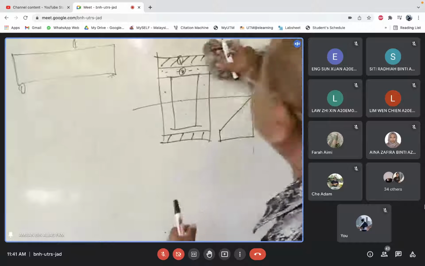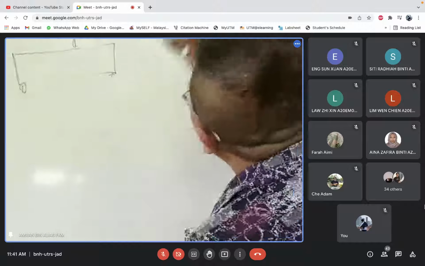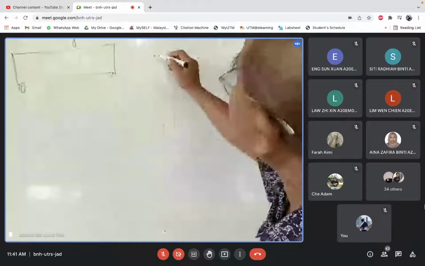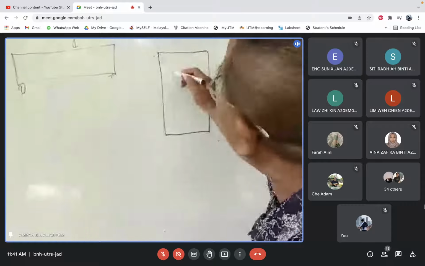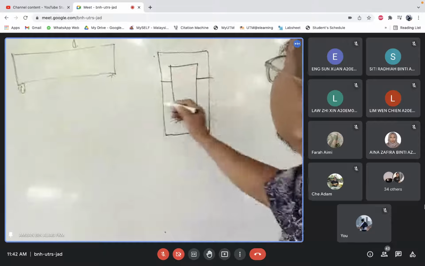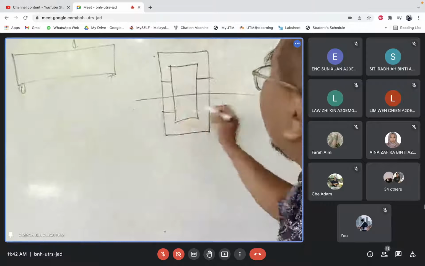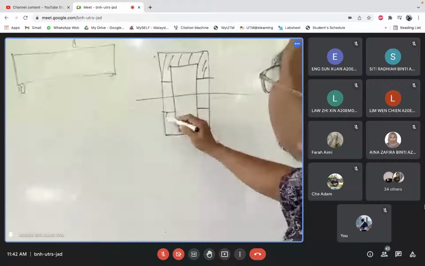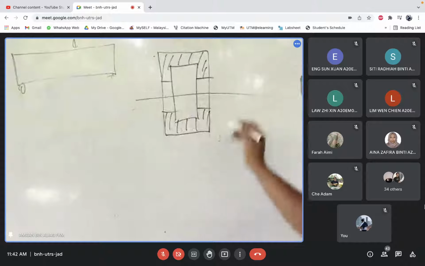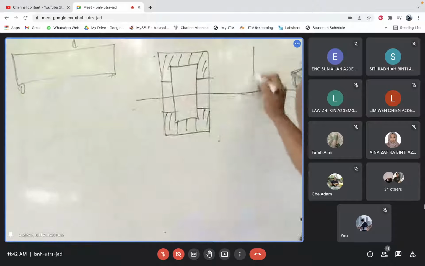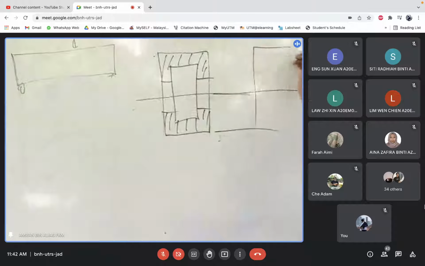If the plastic region is more than that thickness, so what do we do? Slowly. Let's say the plastic is up to that one. This is the middle there. So this is plastic. So what do we do? Slowly and slowly do it. The diagram there: up until here, plastic.